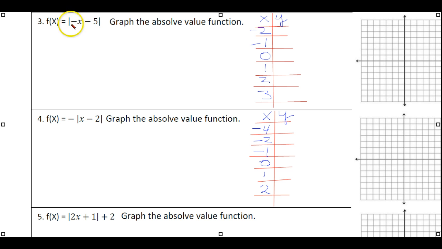Now remember, as we work it initially, we respect the signs, but then whatever calculation we get, it comes out of the absolute signs as a positive value. Okay? Now the difference here is it's coming out as a positive value. Then everything in this column will be negative because of this negative sign right there.